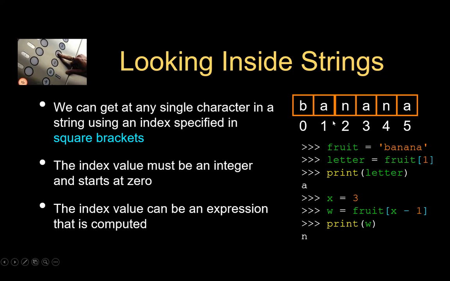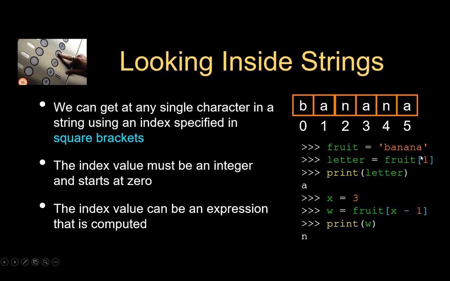In this example we have a string called banana, and each character has a location. The location of the characters always starts with 0, so banana is a 6-character word, and we have 0 to 5 to identify each character.